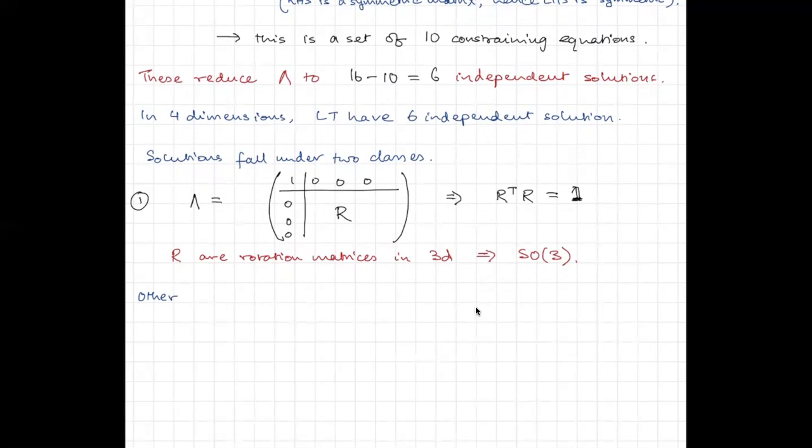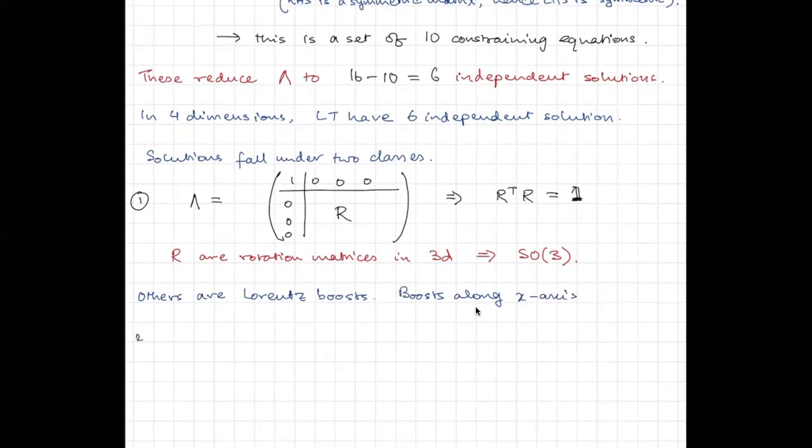The others are Lorentz boosts, and these boosts are, for example, if you're looking at boosts along the x-axis, from the earlier thing, this is going to be given by the following.